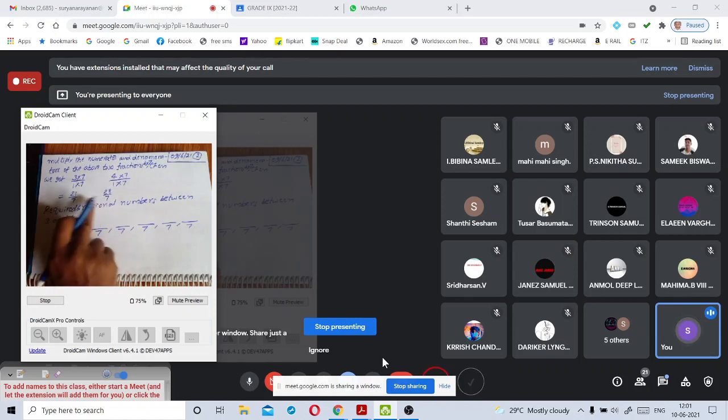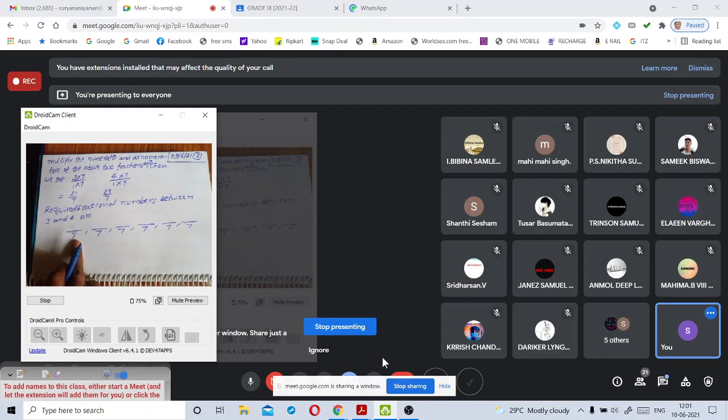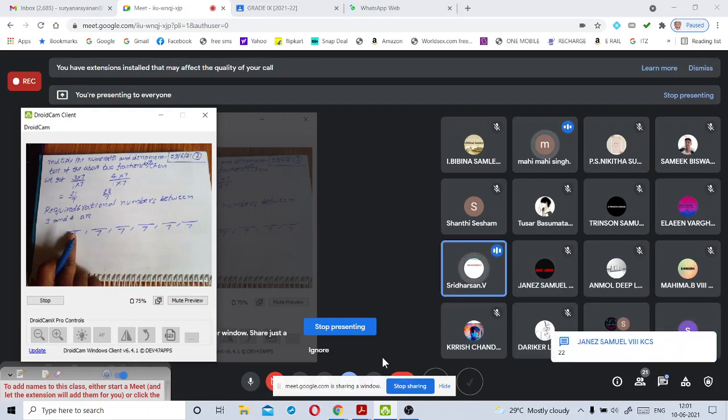We converted the given fractions into like fractions. We got denominator 7, so here we write 7 as denominator. Understood this point? Then what is the first number in the numerator? Can you tell me, Sridarshan? 22 by 7.